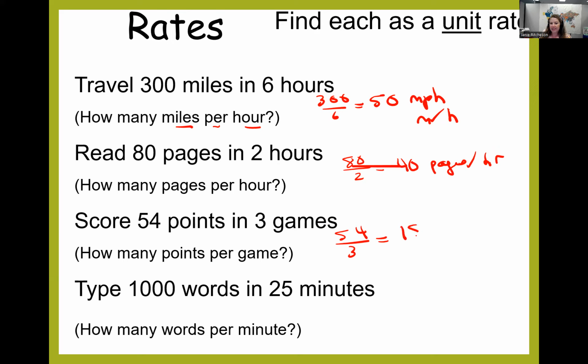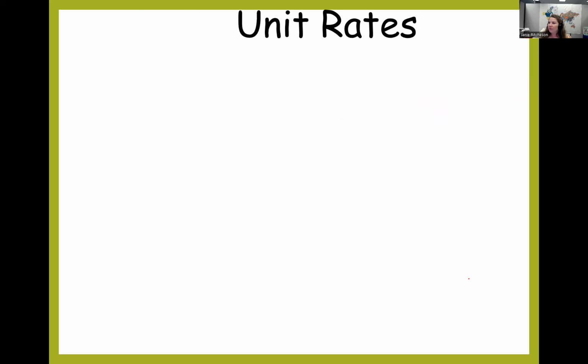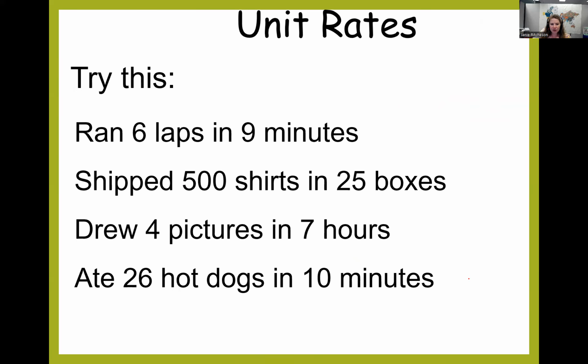That's 18 points per game. And then the last one, words per minute, 1,000 words in 25 minutes. 1,000 divided by 25 is 40 words per minute. All right, you guys try those.